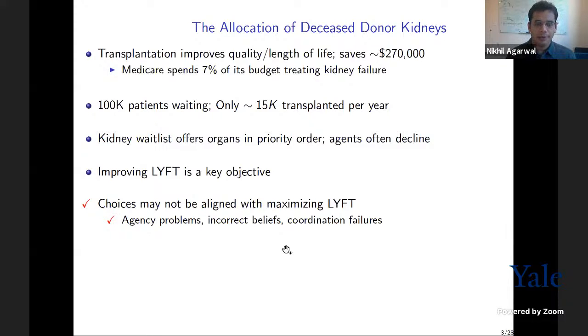Okay. Of course, there might be reasons why it is aligned with LYFT, because maybe patients have private information about what's good for them or how well they're doing without a transplant. And so that might be one reason at least. And there might be others that might result in choices being positively aligned with maximizing LYFT.